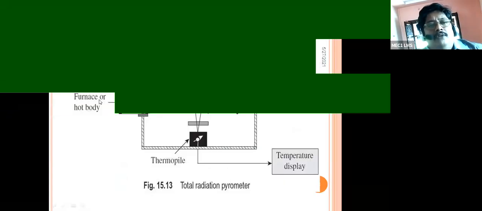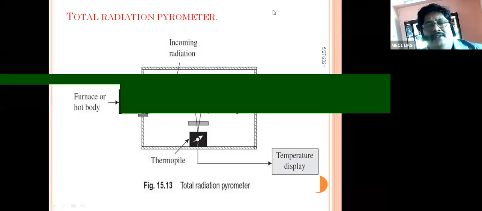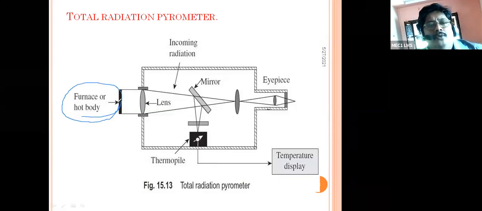See here, if you observe, there is a furnace or a hot body whose temperature has to be measured. That hot body or furnace emits thermal radiation, and it is focused on this lens.